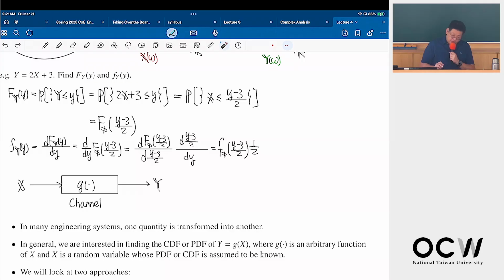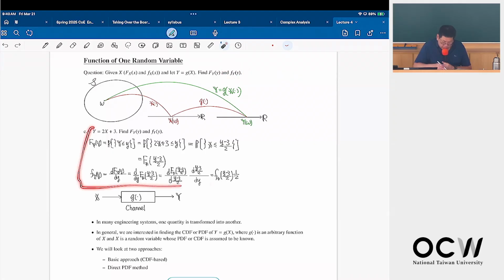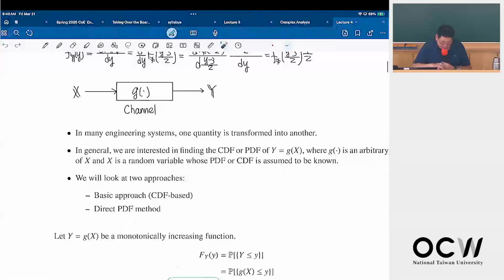And we assume that we know the PDF or CDF of the random variable x. Now, how do we find the CDF of y and PDF of y?